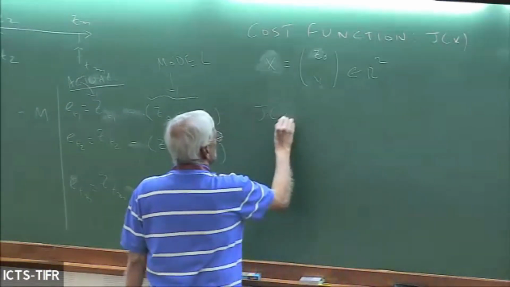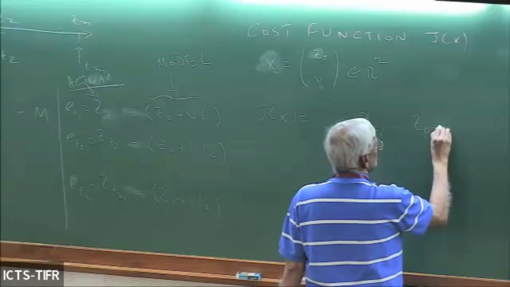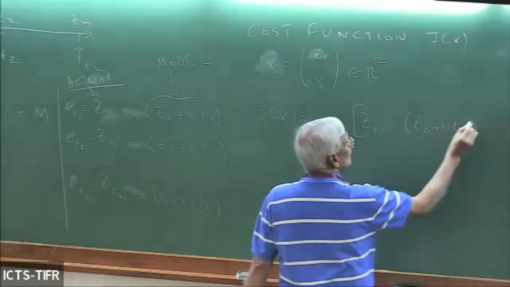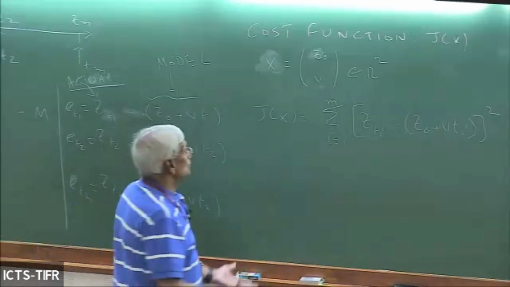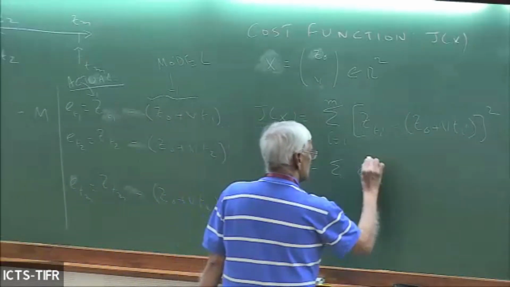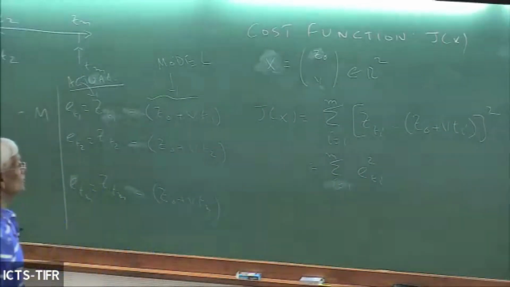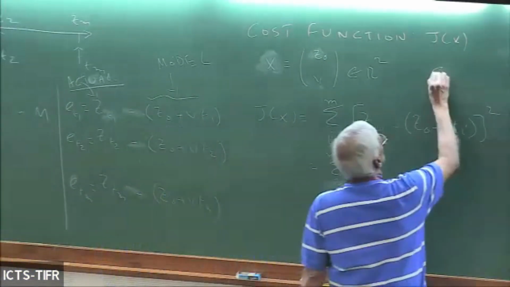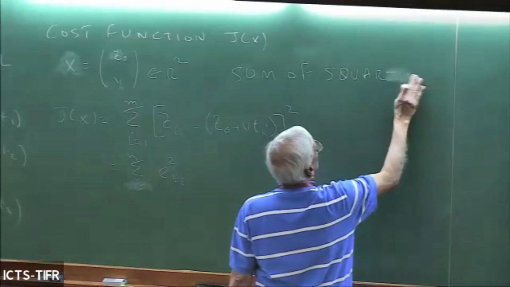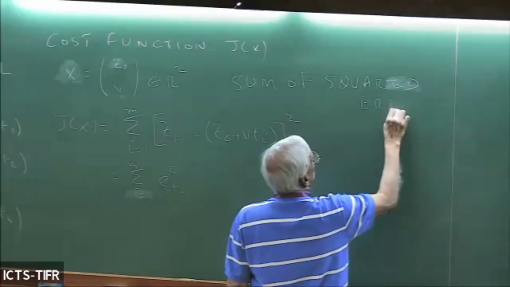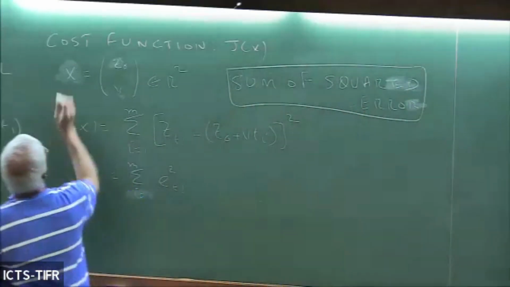And what is J of X? My J of X is equal to the summation of the square of Z at T i minus Z0 plus V T i, with i equal to 1 to M. This is simply equal to the summation of E T i squared, i equal to 1 to M. So this is what's called the sum of squared error. It's a cost function.